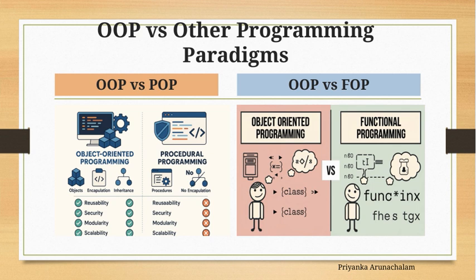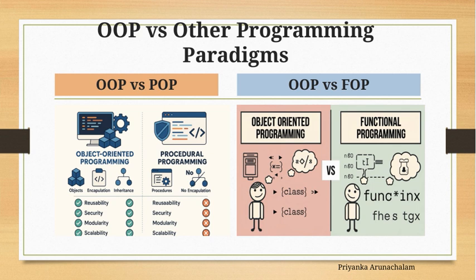Now, comparing OOP with FOP, the key difference lies in their approach to handling data and functions. FOP emphasizes pure functions and immutability, leading to code that's often more predictable and easier to test. OOP, on the other hand, focuses on objects that combine data and methods, which can be more intuitive when modeling real-world scenarios.